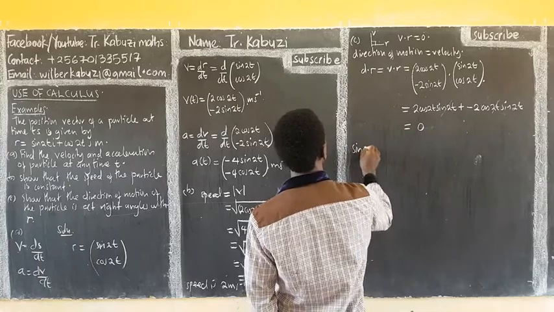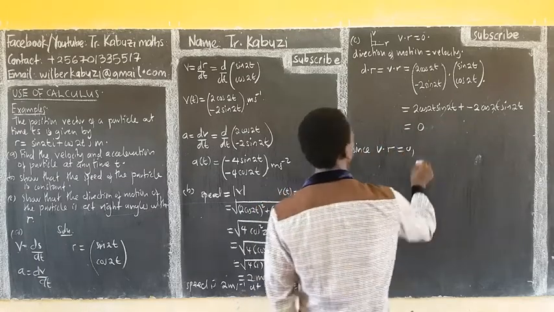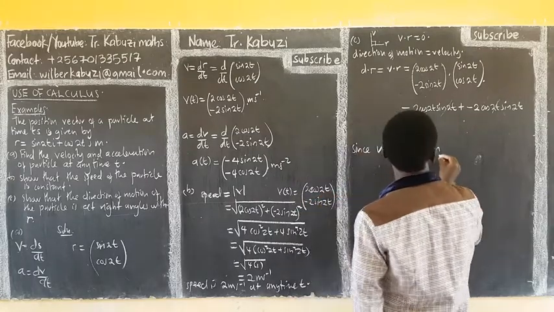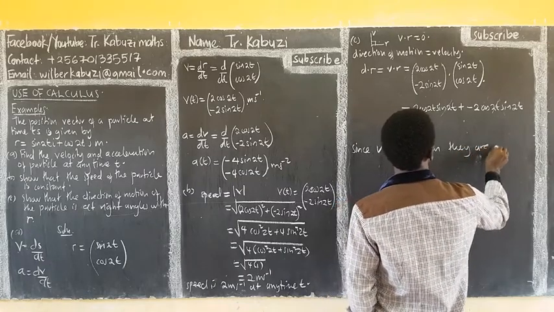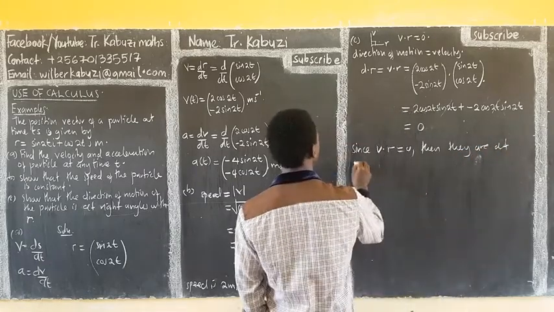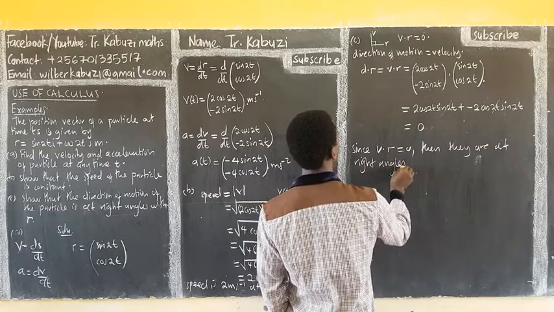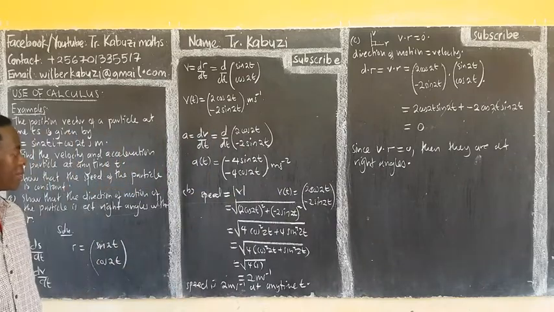So since v dot r is equal to 0, they are at right angles, or perpendicular. As simple as that. So that's how we handle that question.